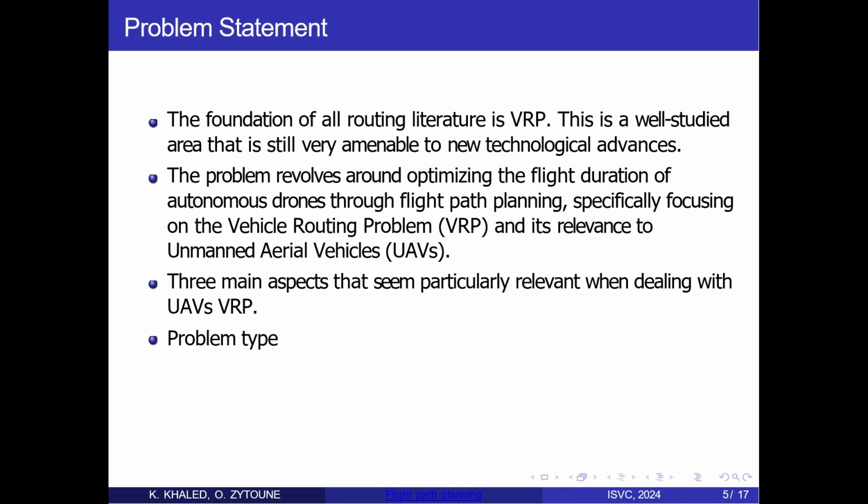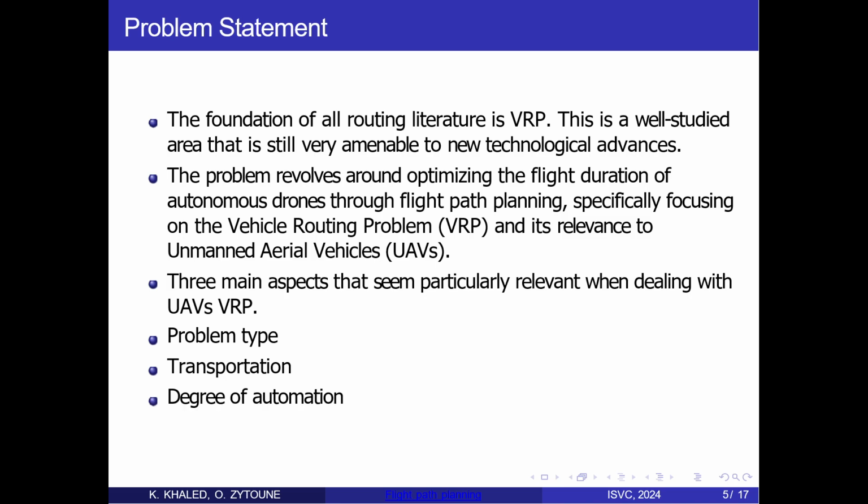Problem type. When classifying route-related literature, we can focus on the vehicle routing problem and classify it by problem type. Transportation, because the characteristics of the mode of transport, land, sea, air, and so on, are different in terms of cost, transport time, accessibility, and environmental performance.